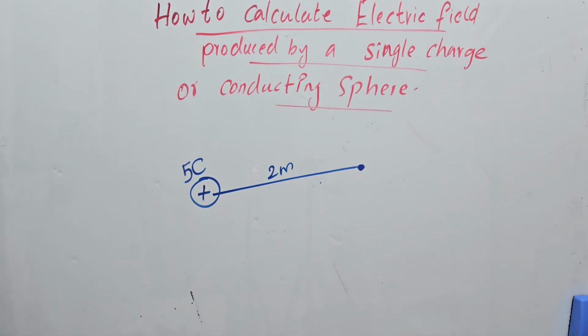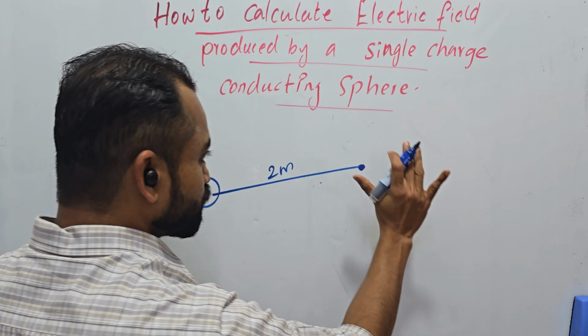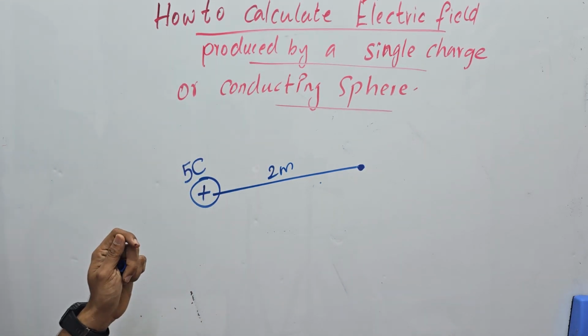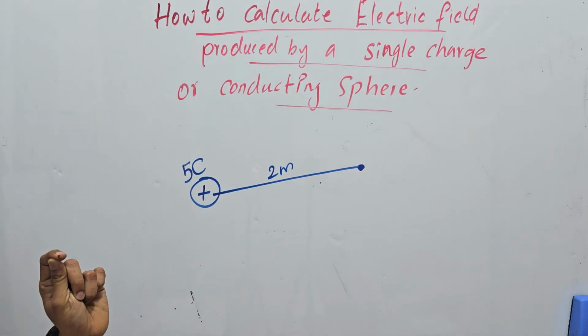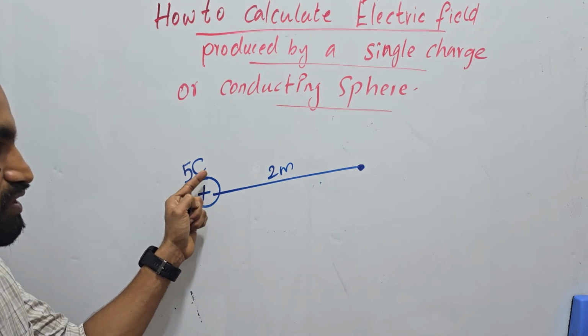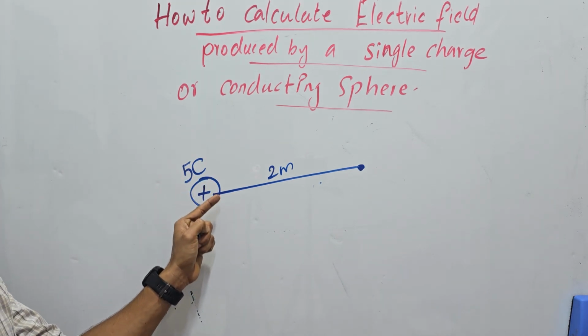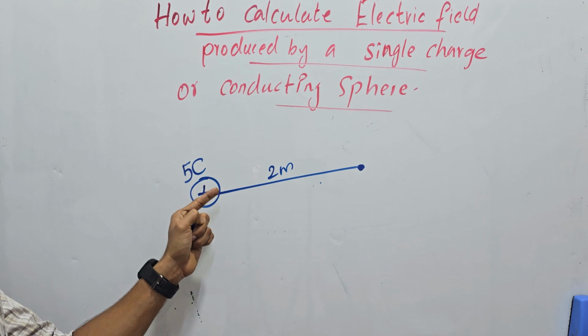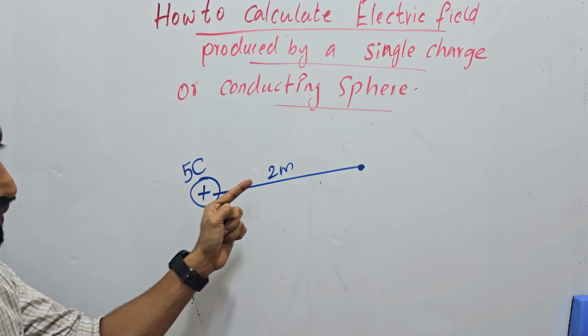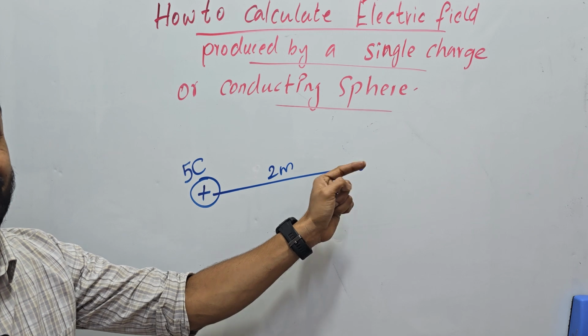Yes, because the field is produced not by the test charge. Field is produced by this charge. This charge you are not changing, right? You are changing the test charge.